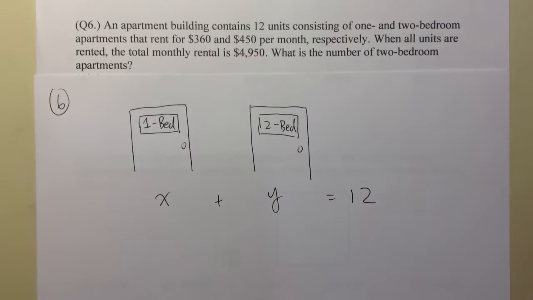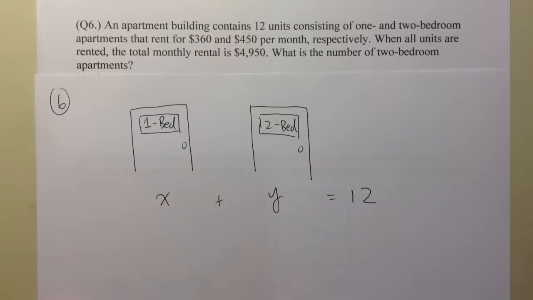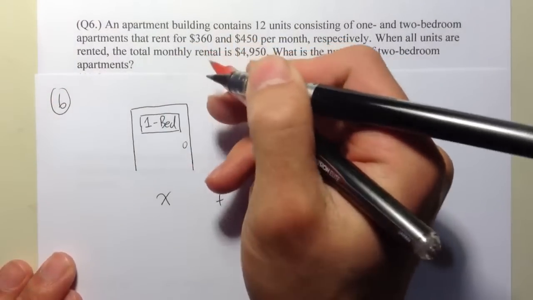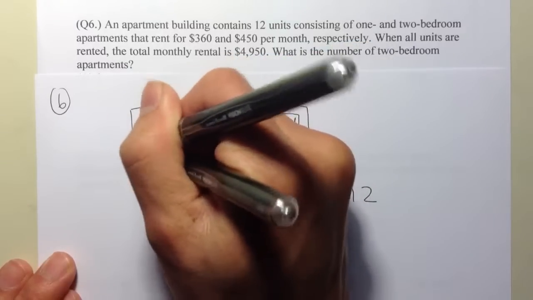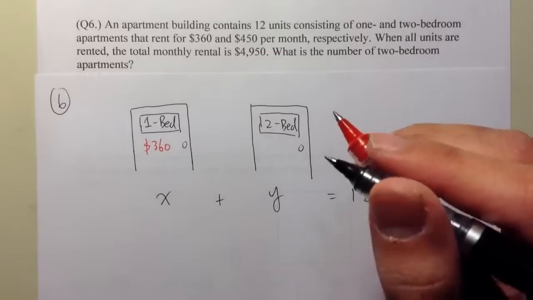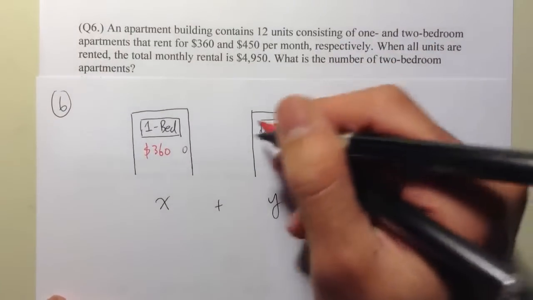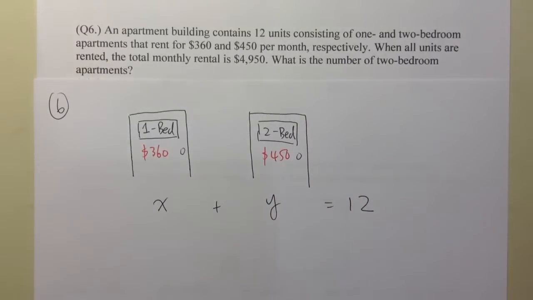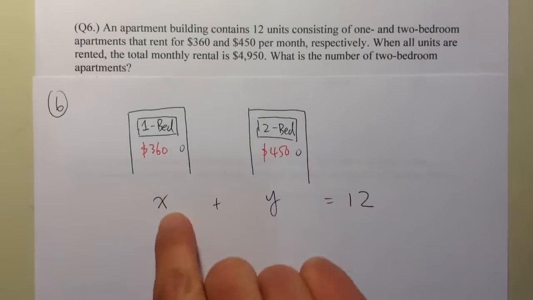Okay? And then we're going to look at the rental, how much you can rent it out for. For the 1-bedroom, it's $360, and for the 2-bedroom it's $450.